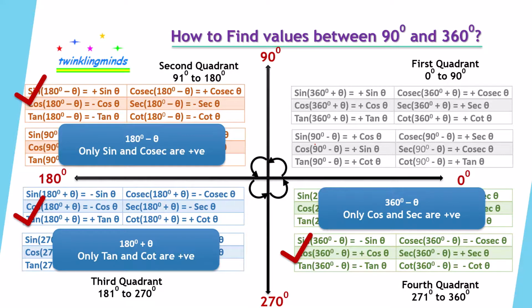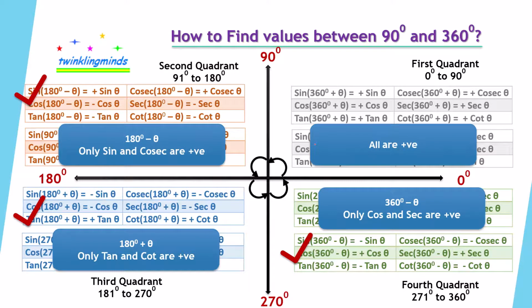So in the first quadrant, all are positive. In case we have to find the value of an angle between 0 to 90 degrees, we already know, right? But if you want to find an angle beyond 360 degrees, then we will use first quadrant angles.